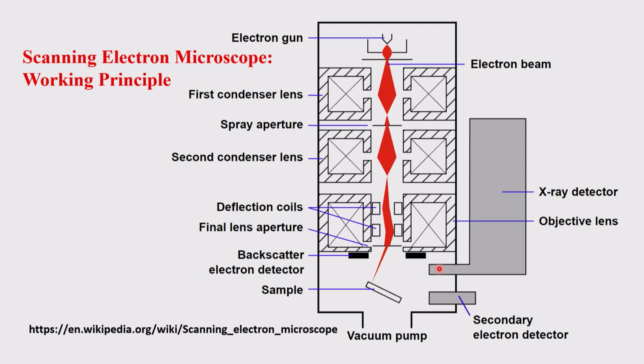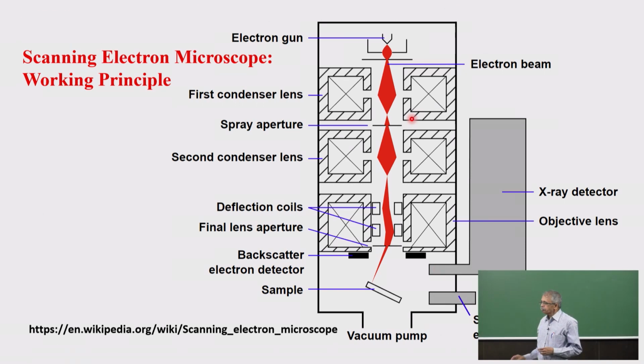We have already looked at the principle for the TEM quite well earlier. Very similar kinds of features can be used here, for example, the electron generation system, which is called the electron gun. It's just a working principle only, nothing more than that. Then the apertures, then the beam, and then you have a lens which is focusing, then again apertures, then a secondary focusing lens.